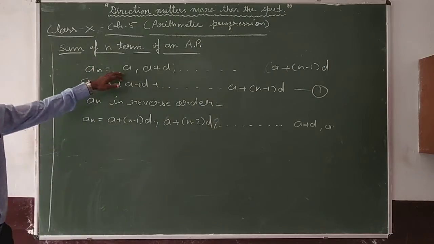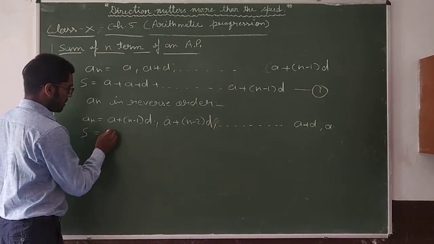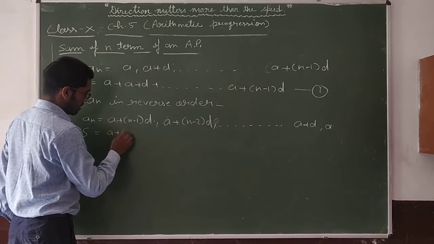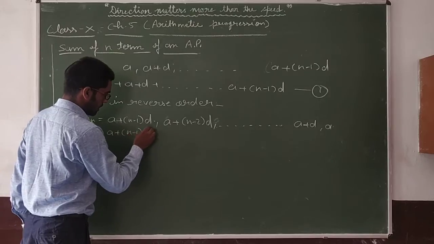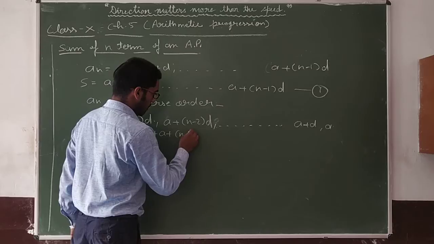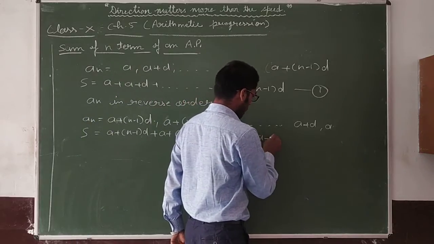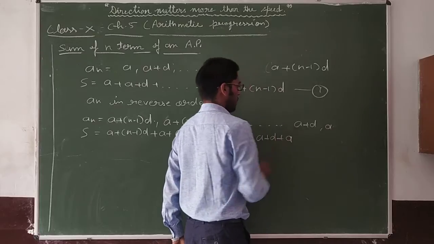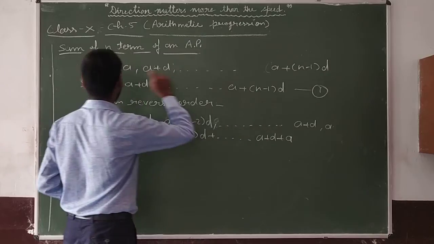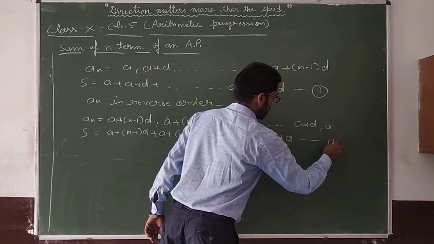I have written this series in reverse order, then we find the sum. Here the last term is written first, and here this was the first term. This is equation number two.